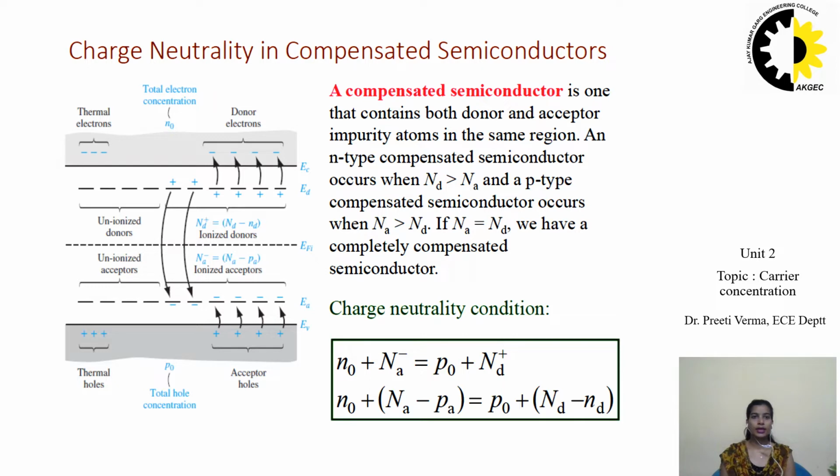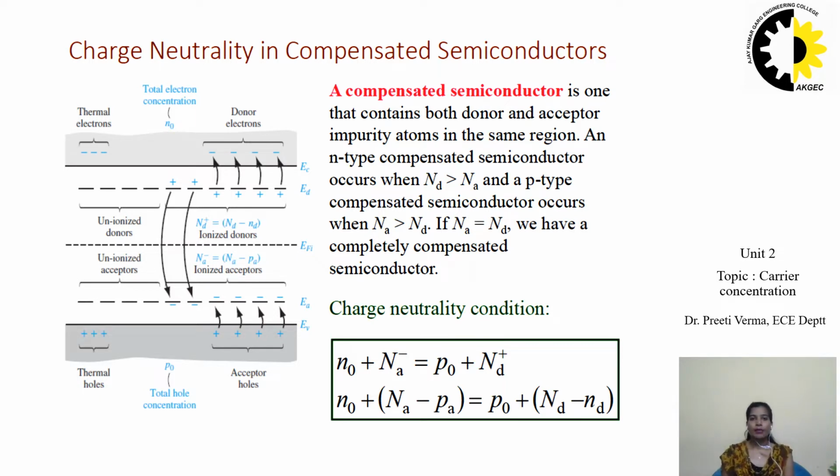So coming to the next topic, charge neutrality in a compensated semiconductor. First, what is a compensated semiconductor? A compensated semiconductor is one that contains both donor and acceptor impurity atoms in the same region.